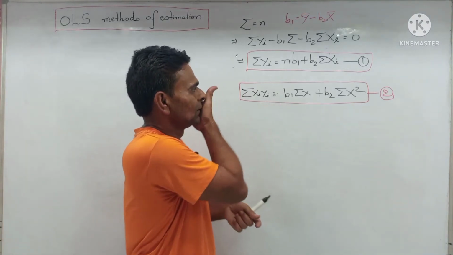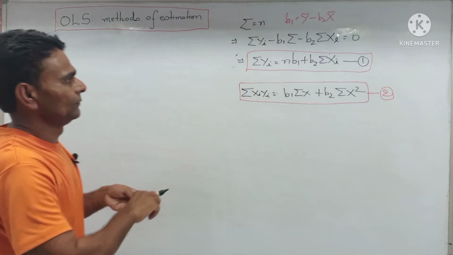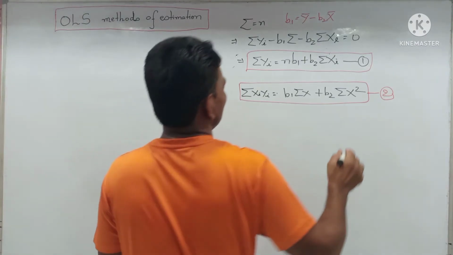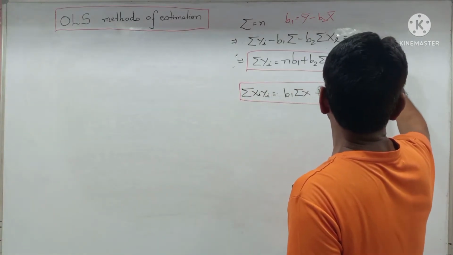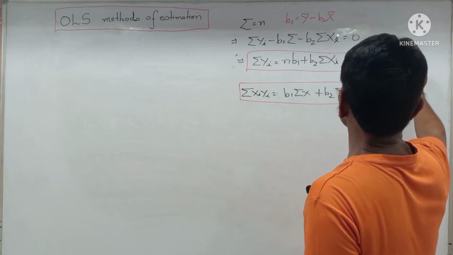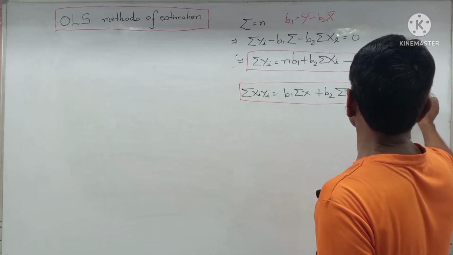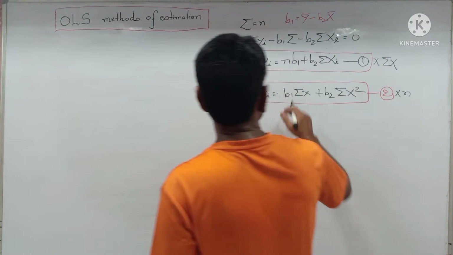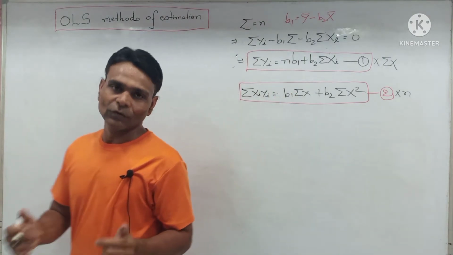we need to eliminate the b1 part. If we multiply the first equation by summation of x and the second equation by n, we are able to eliminate b1.